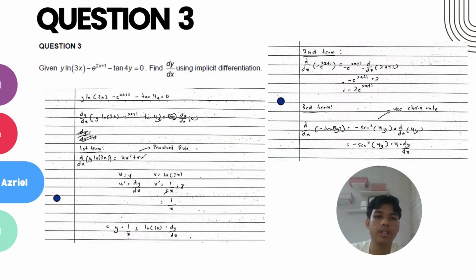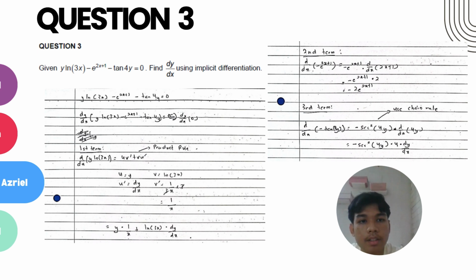So lastly, for the third term, we are going to differentiate negative tan 4y. To differentiate this term, we are going to use the chain rule, which is d/dx of tan f(x) equals sec squared f(x) times f'(x). So by applying that rule to this term, we will get negative sec squared 4y times d/dx of 4y.